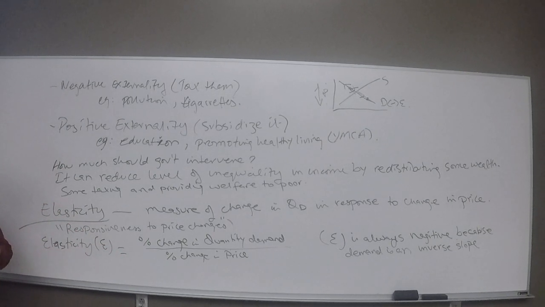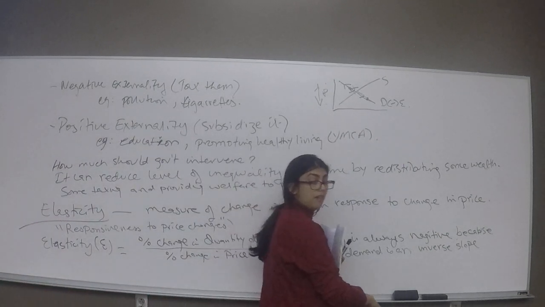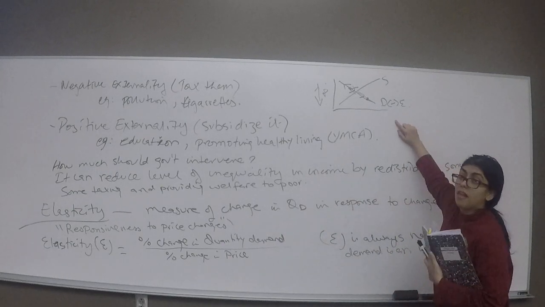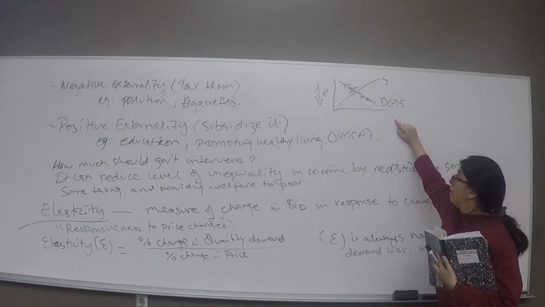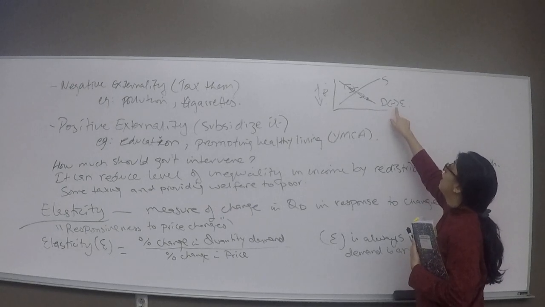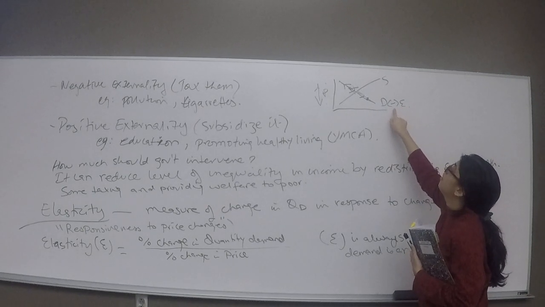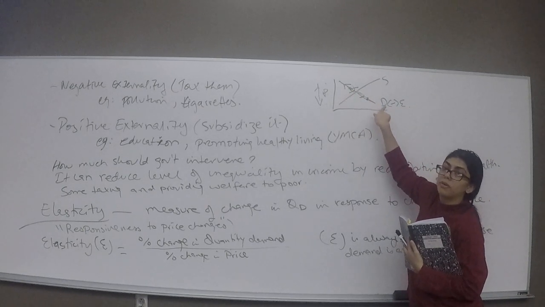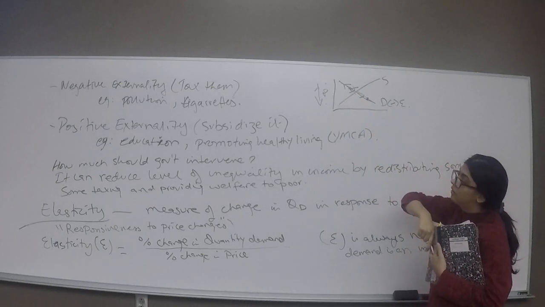That's the formula for elasticity. Professor, could you explain a little bit about this one, the minus e? I'm just saying that elasticity is negative because demand is an inverse slope. Oh, yeah, sorry, I got it. Okay.